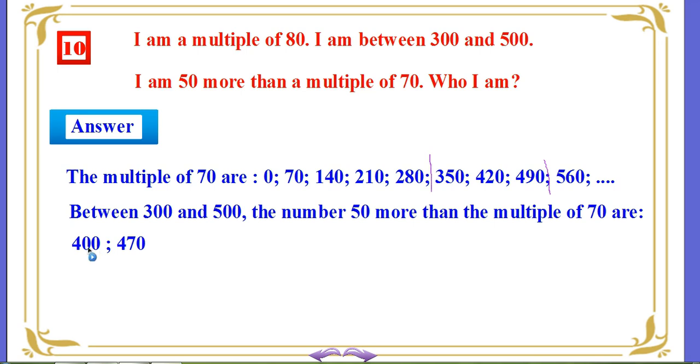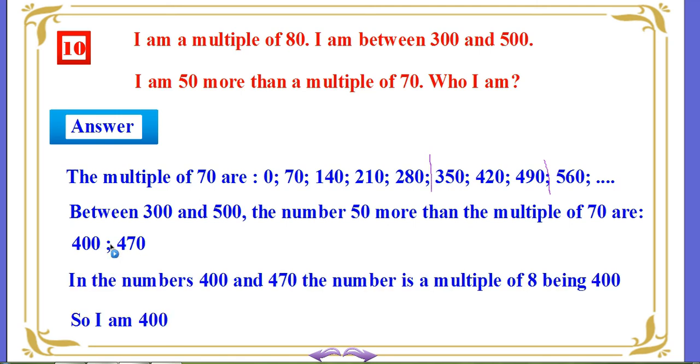Of the numbers 400 and 470, the number that is a multiple of 80 is 400. So I am 400.